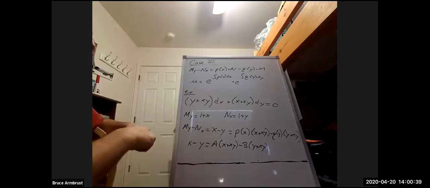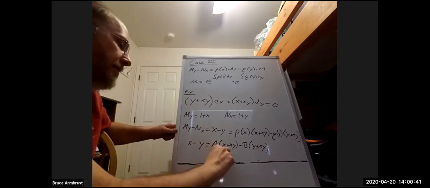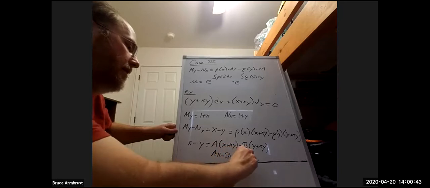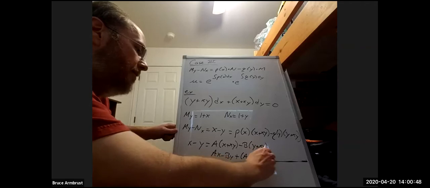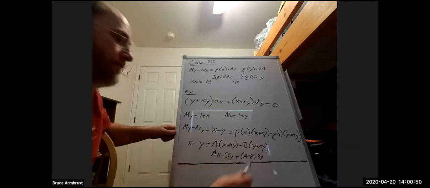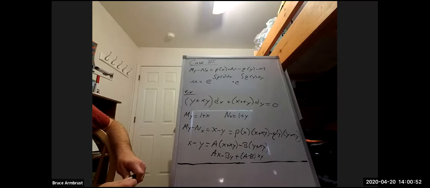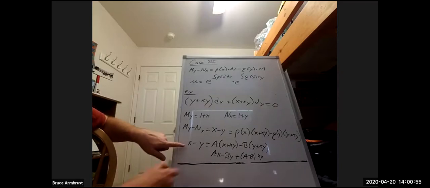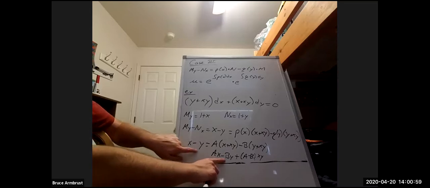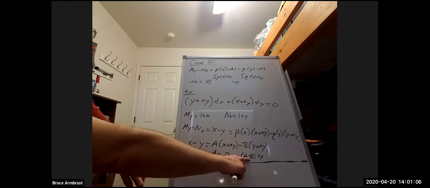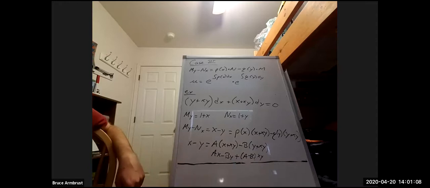If I distribute that out, I get ax minus by plus a minus b times xy. So for these to work out, a has to equal 1. For the second ones to work out, b has to equal 1. And notice that if a and b are both 1, 1 minus 1 is 0. That term goes away. And so we're good.